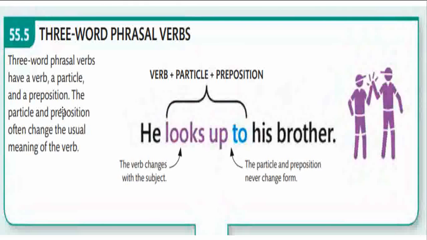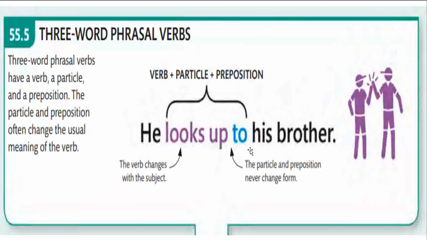The three-word phrasal verbs have a verb, a particle, and a preposition. The particle and prepositions often change the usual meaning of the verb. For example, the sentence that we have before us, he looks up to his brother. Looks up to means looks for support, advice, or considers him as a role model.